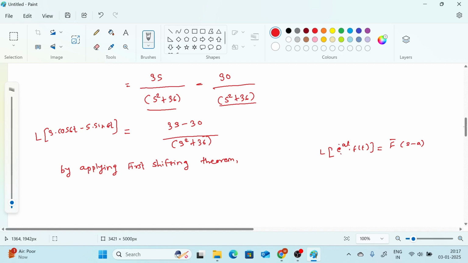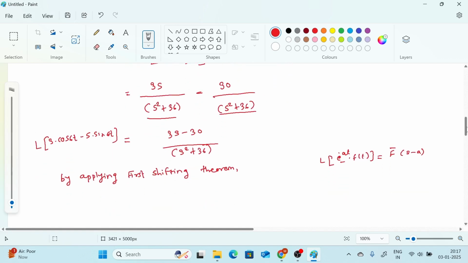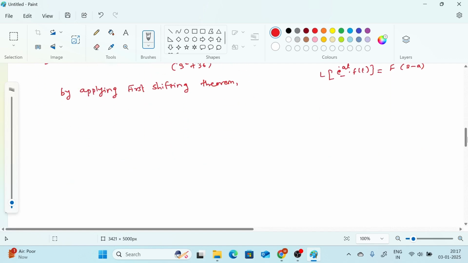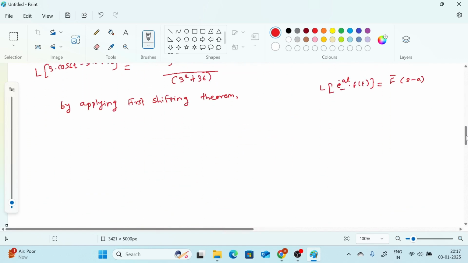It's a plus, so we have to change the sign only. In the equation we have e raised to minus 2t, so we have a minus sign, which means we make the change in s plus a. So instead of minus we put plus, so s plus a.